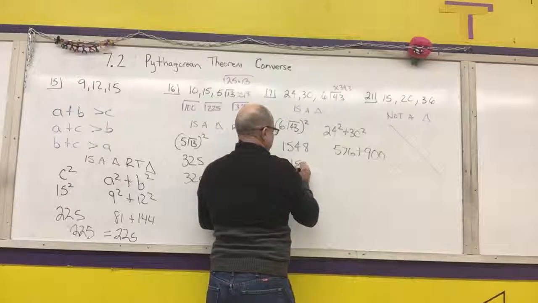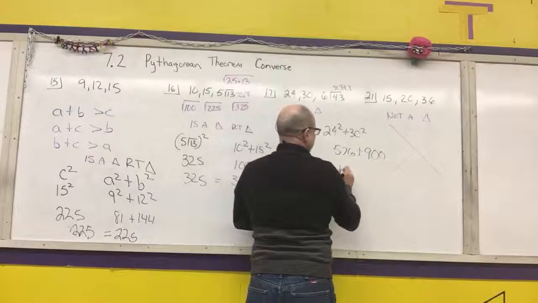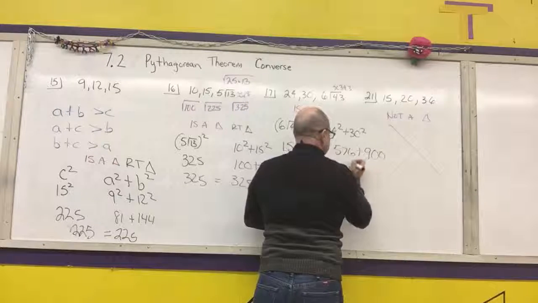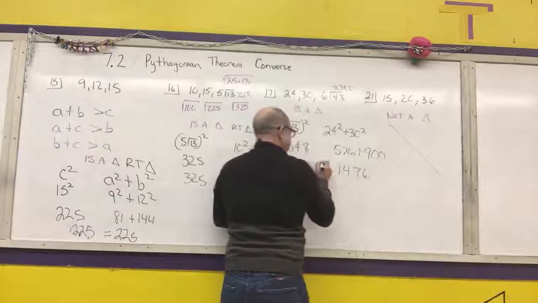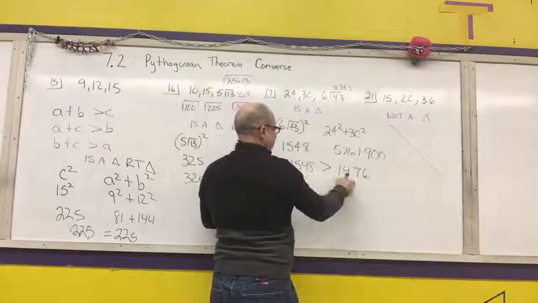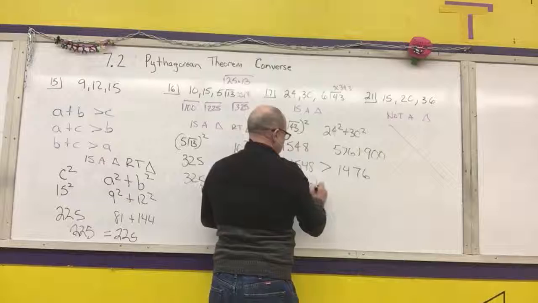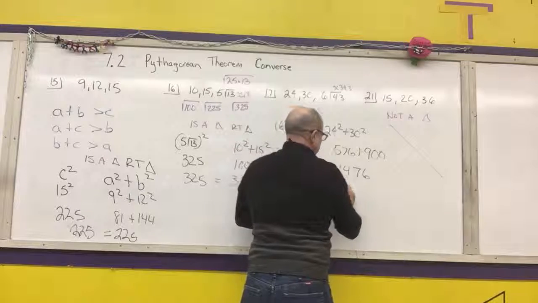Compare 1548 to 1476. 1548 is bigger than 1476, so this one is an obtuse triangle.